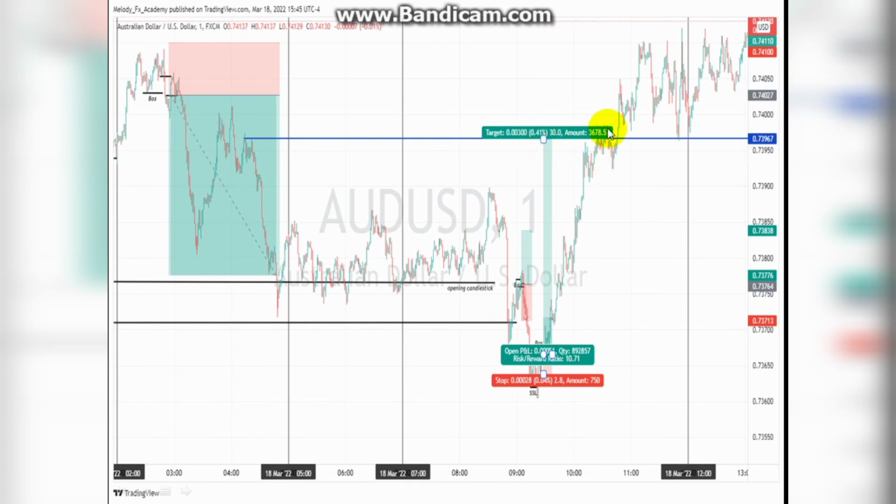So I was just out of the market. I'm still working on the TP aspect of my trading, so that I know how to get a good take profit. But as you can see, I recovered my losses and I was still very much in profit.